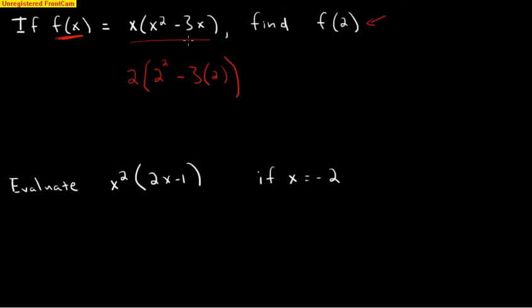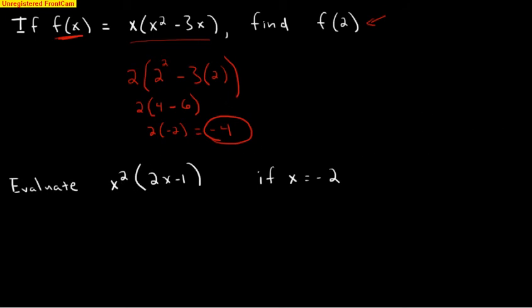And now we simplify it. Follow order of operations. If f of x is x times x squared minus 3x, f of 2 is negative 4. We found the solution.